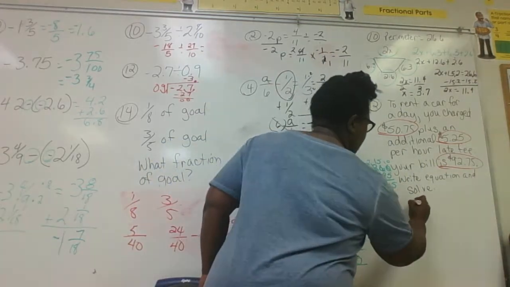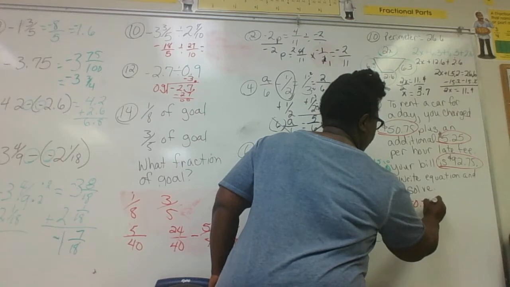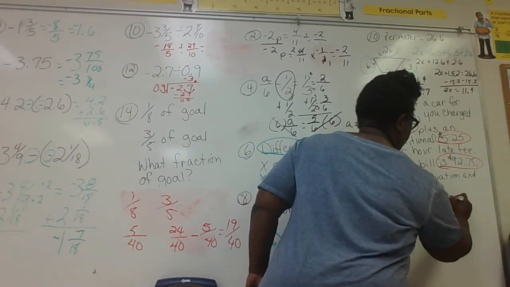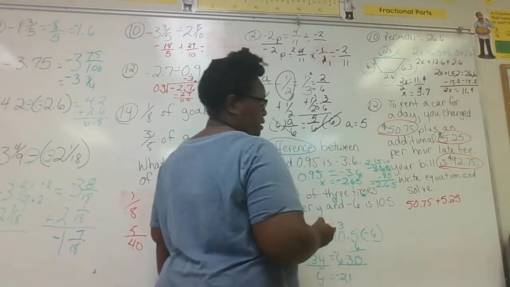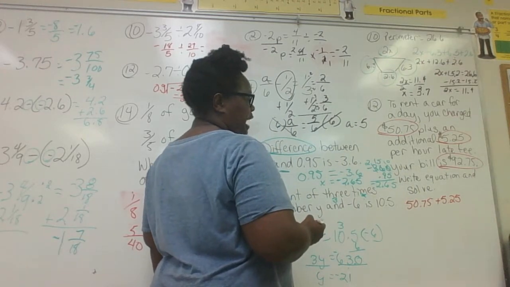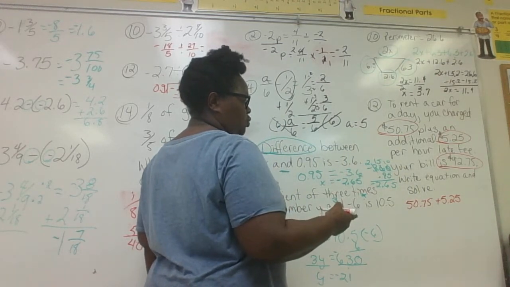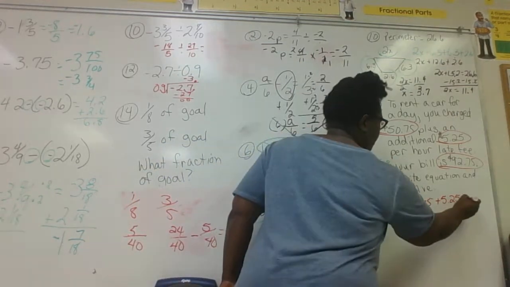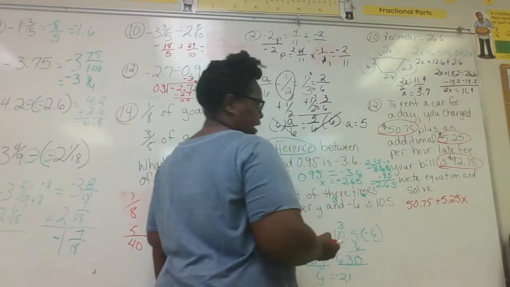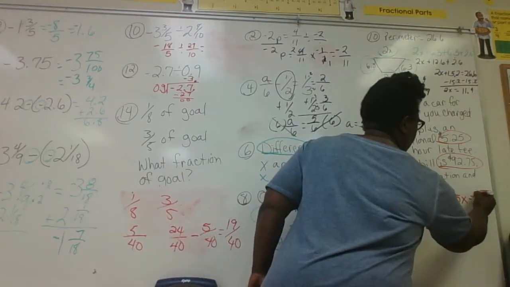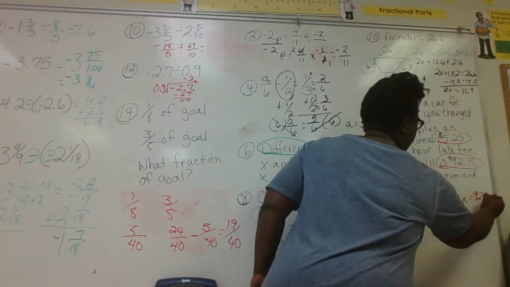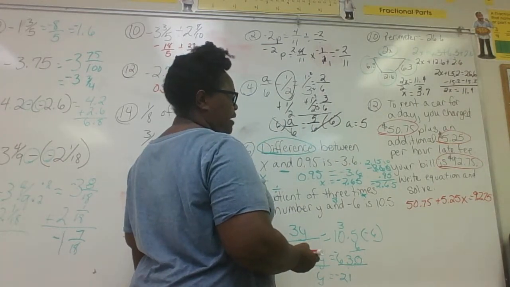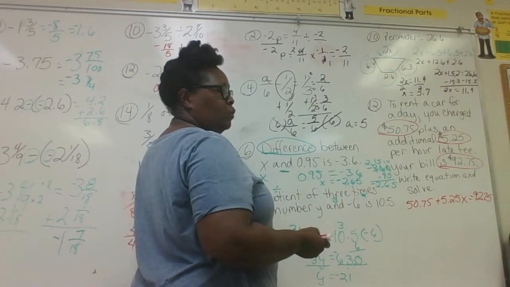So the car cost us $50.75, but we paid a late fee, but we don't know how many hours that was. Every time we were late, it was $5.25, whether it's 1 hour, 2 hours, or 3. Since we don't know, that's our unknown, that's x, and it's equal to $92.75. Now we can begin to solve for x to figure out how late we were.